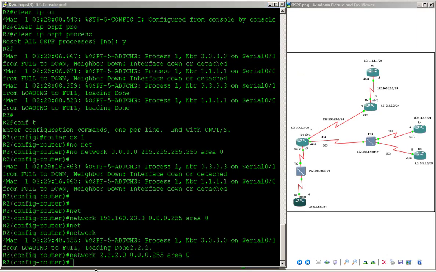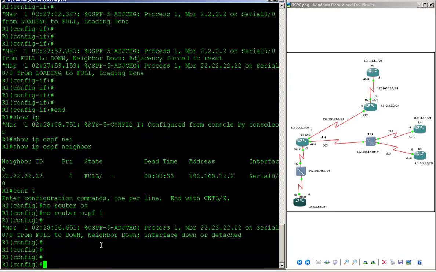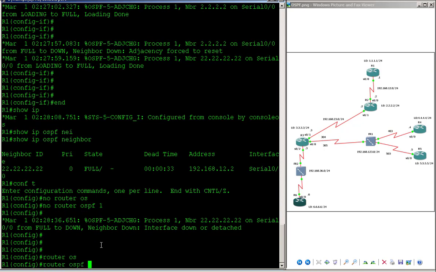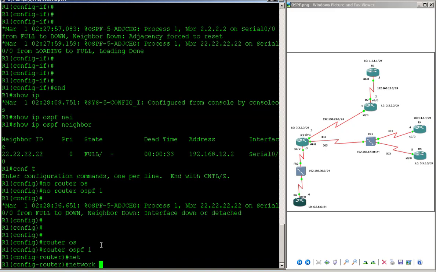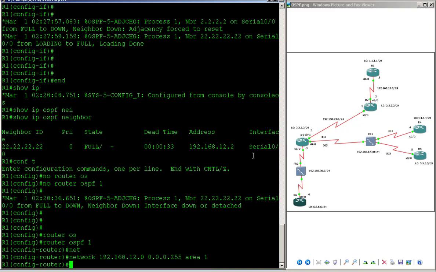Okay, so I go to router 1, and here I will say router OSPF 1 network 192.168.12.0 area 1. Of course, this loopback I will keep because I will use it later, so I will not advertise it.